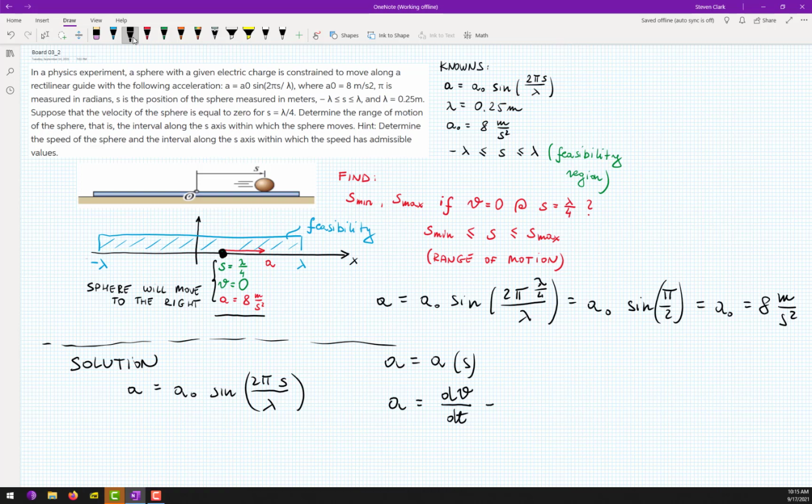I think Professor Sunny did it in the lecture. We can modify this if we multiply it by 1. So we can do dv dt, and I can multiply it by 1, putting ds in here and ds in here. I kept the balance. And this is velocity, basically, v dv ds. So let's use this expression here.